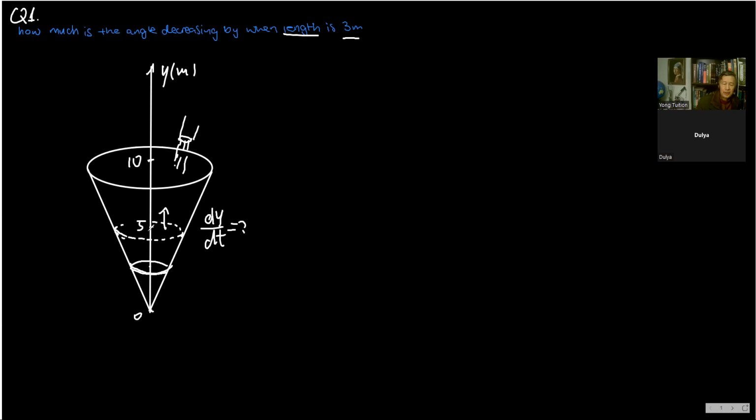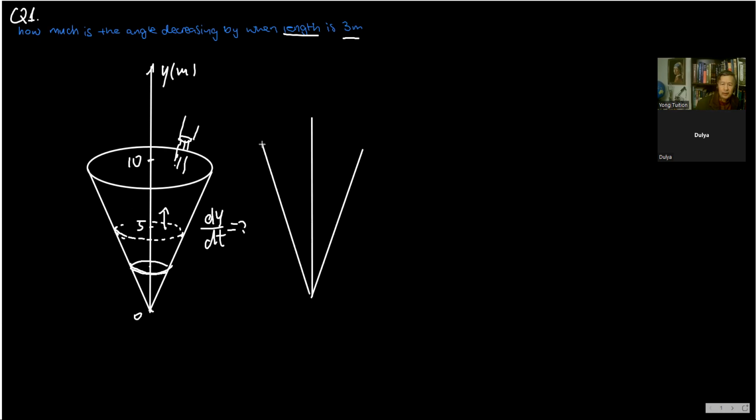Let's do another diagram to help. This is a cross-section diagram.